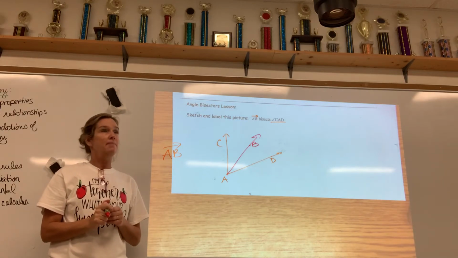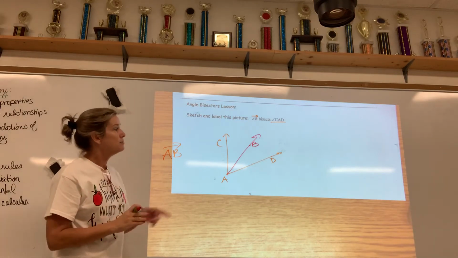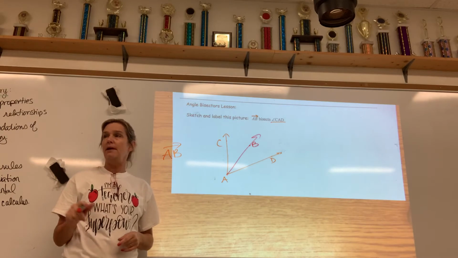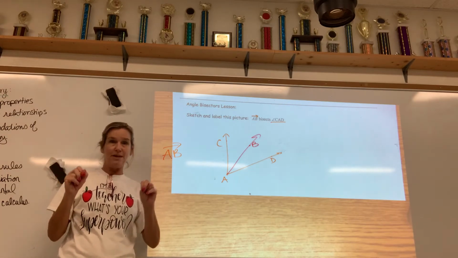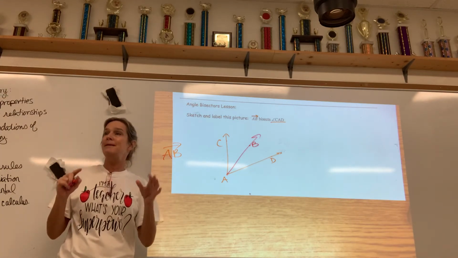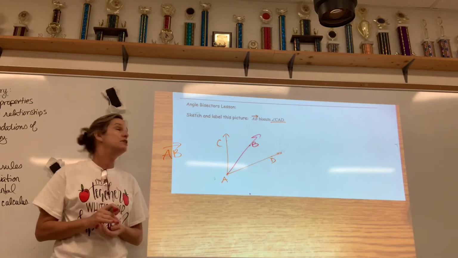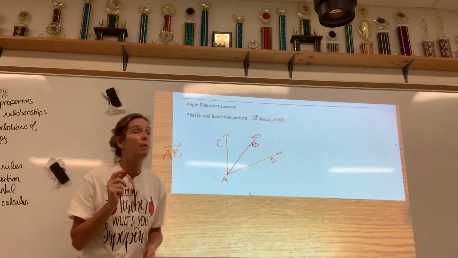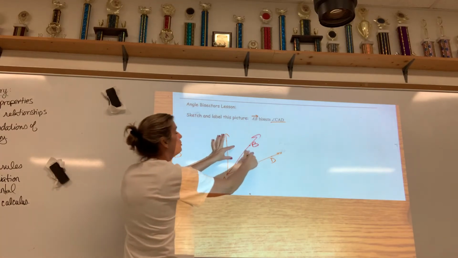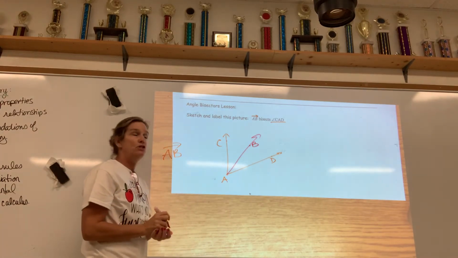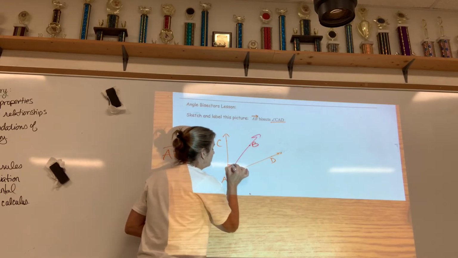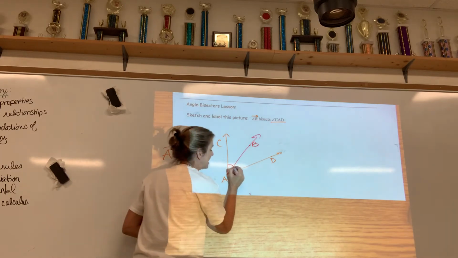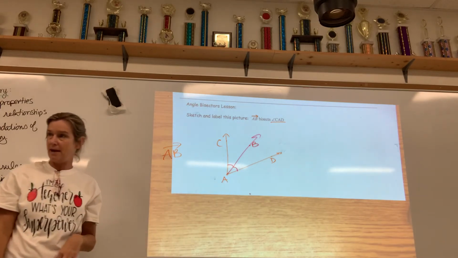Now, here's the thing about geometry, it's picky. Just because you drew it down the middle in a way that you think is right down the middle doesn't mean that it is. To denote that that's a bisector, it had to cut the angle perfectly in half into two congruent parts. So we need to mark that this angle is congruent to this angle. Okay?